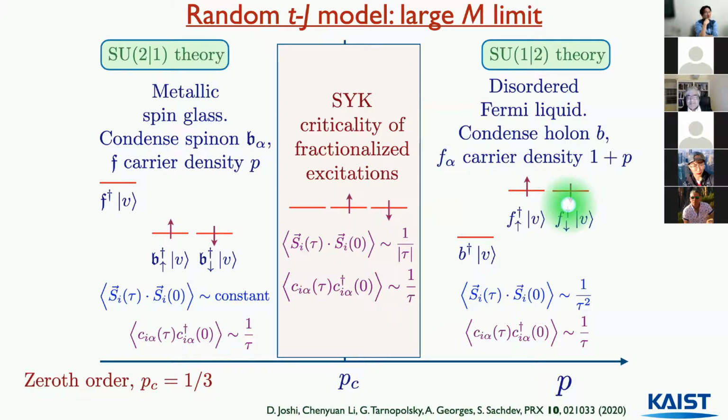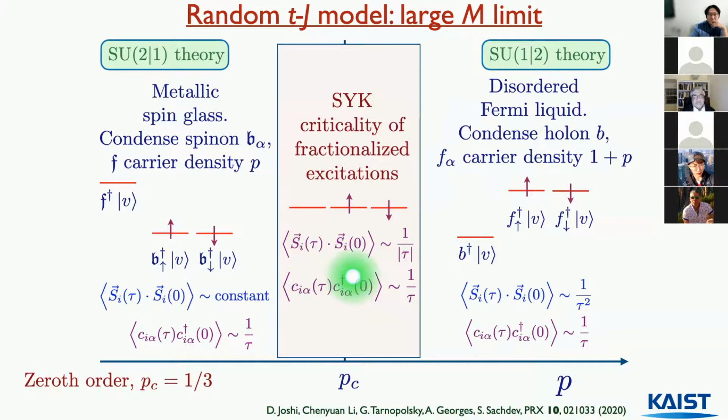I have not shown how to do that, but our paper in PRX has many pages discussing this RG, and you can get the same RG equation using either approach. I see. So the RG equation is exactly the same, and there's a fixed point that appears in the RG, which has properties similar to this large M solution.